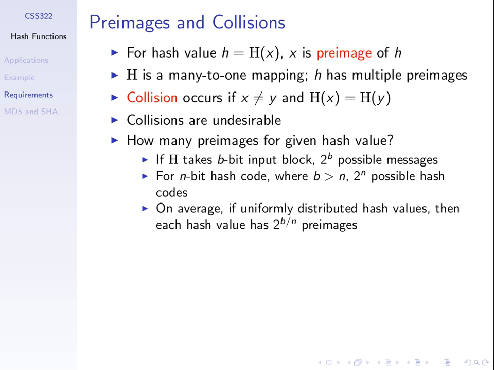What's wrong with that? Where's the mistake there? 16 is not right. On the slide, it shouldn't be B divided by n. It's 2 to the power of B divided by 2 to the power of n, which is 2 to the power of B minus n.